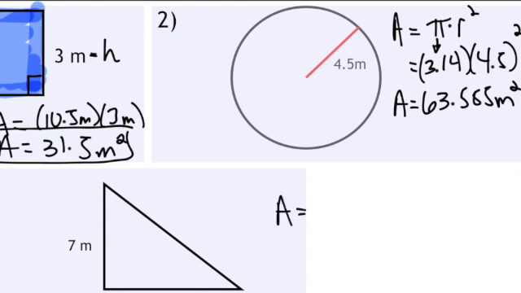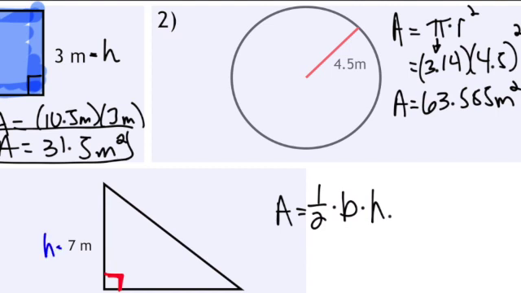Okay, and then our area of a triangle we have down here. Remember, area of a triangle is 1/2 times the base of the shape times the height of the shape. So remember that the base and the height have to be perpendicular to each other, so this has to be a right angle. It's not labeled as a right angle, but I'm going to go ahead and throw it in there. So we know that this is going to be the base here, and this is going to be the height.